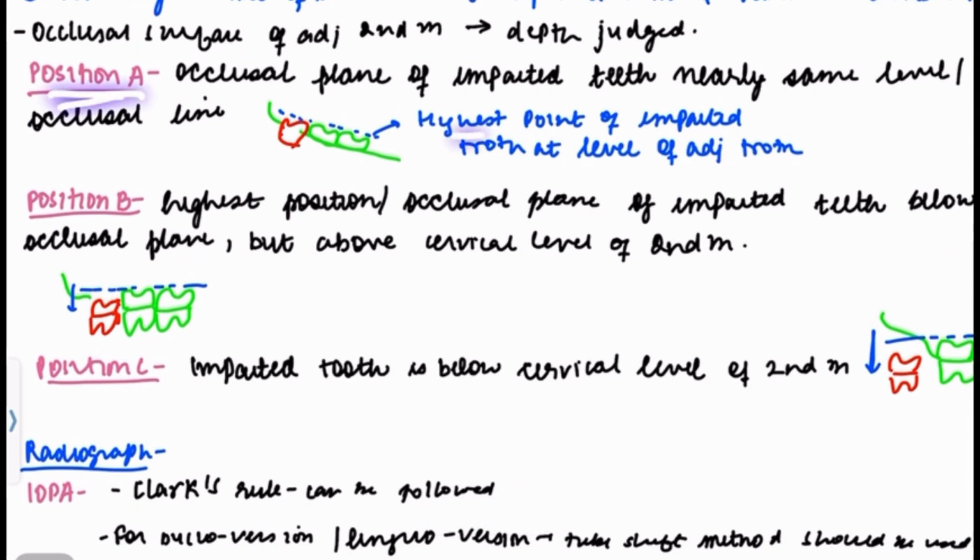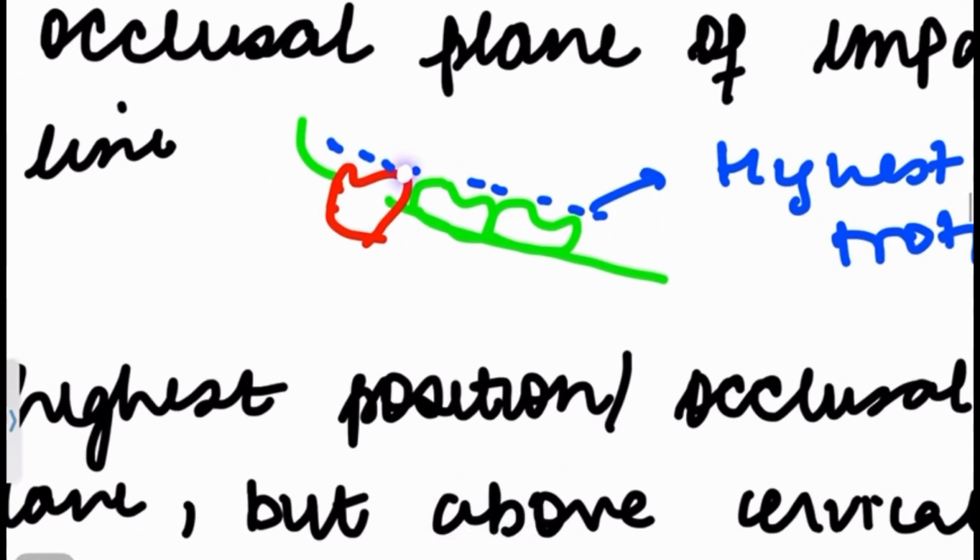The highest point of the impacted tooth is at the level of the adjacent tooth. So this was the highest point of the impacted tooth, and this is the ascending ramus. So this ascending ramus is covering this part, and only this portion of the tooth is seen in the oral cavity. So this highest point of the impacted tooth is at the level of the occlusal plane.